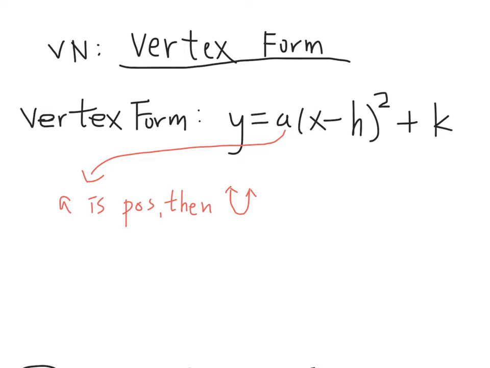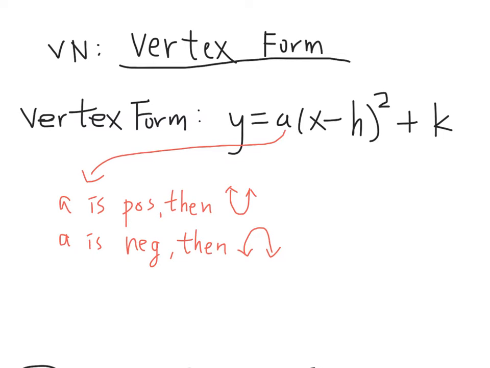So when a is positive, you have an upward parabola, and you can also say it's a positive parabola. And when a is negative, then what do we have? Of course, you guessed it, you will have a negative parabola. Just like that.